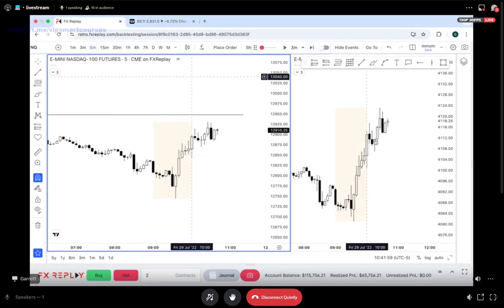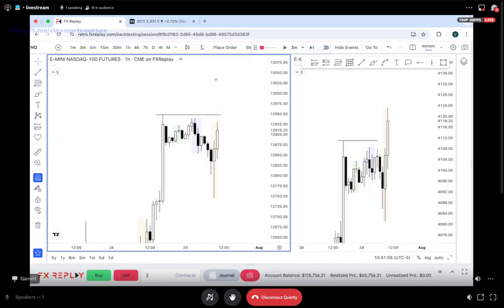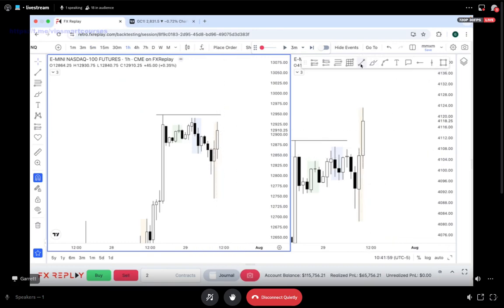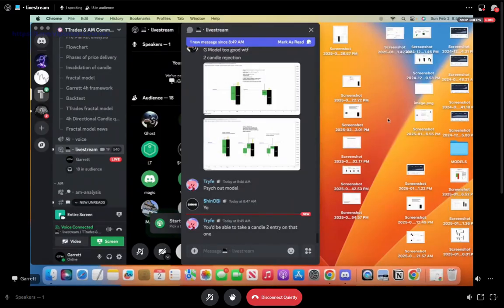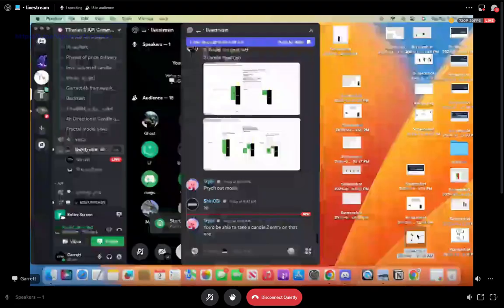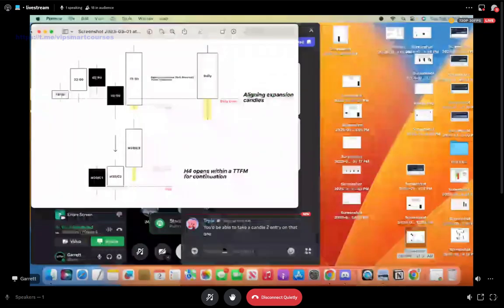Ideally you take ES, right? Because here's the model that I've shared with you guys. It's this right here, where we open up within a candle three or something, right?